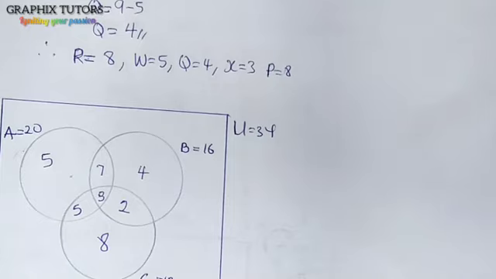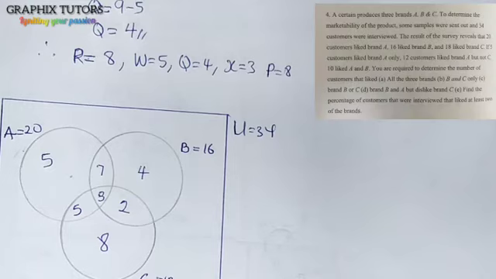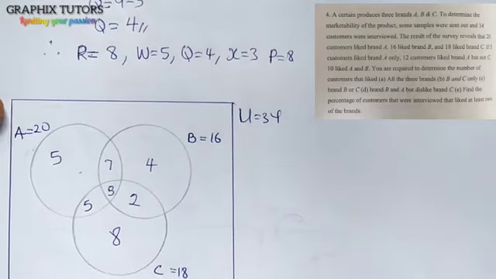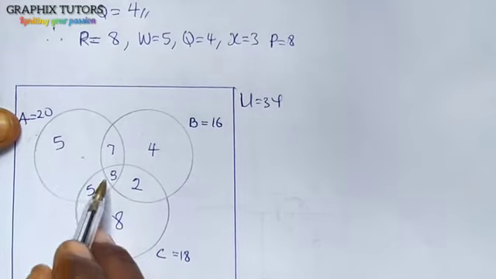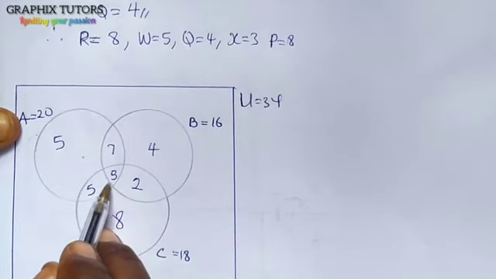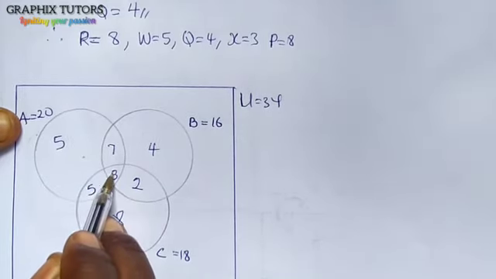So in inputting our values, what are we going to get here is this. If you look at the top right corner of the screen now, look up. The first question there is all the 3 brands. All the 3 brands that we have here is 3, because this is where all of them intersect. So they have one thing in common.